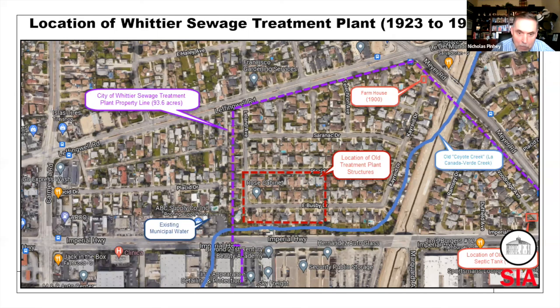You can see that was actually channelized in a concrete channel by the Flood Control District and the U.S. Army Corps about the time this area was subdivided. The other thing I find interesting is you also see there's an existing municipal water well down there on the left side, right adjacent to where the treatment plant was.